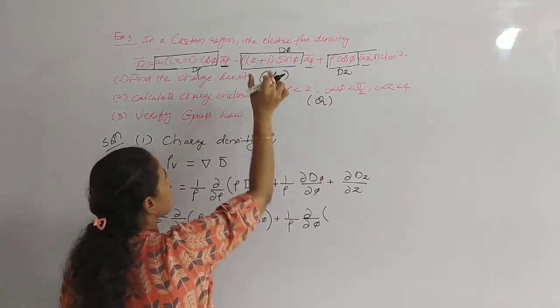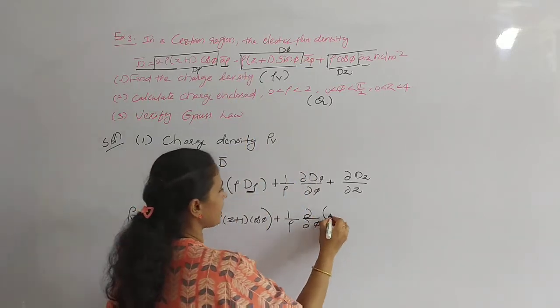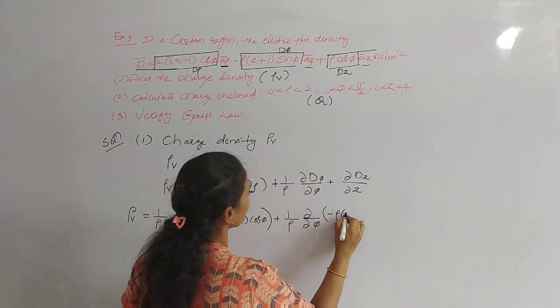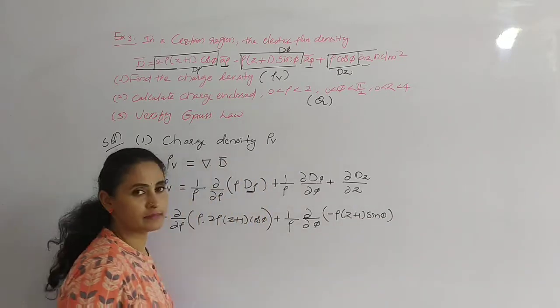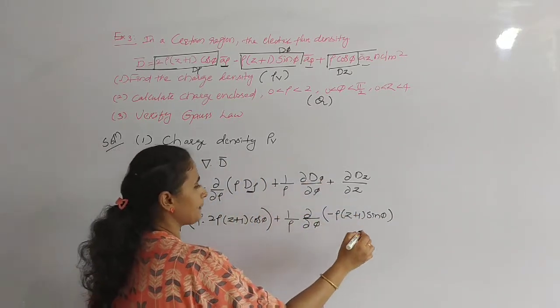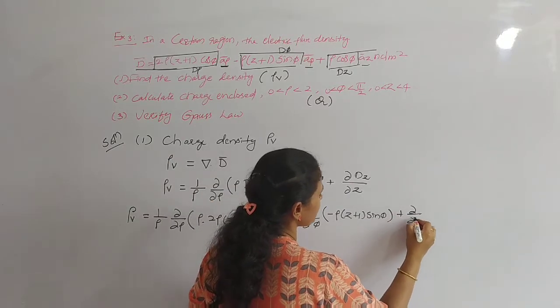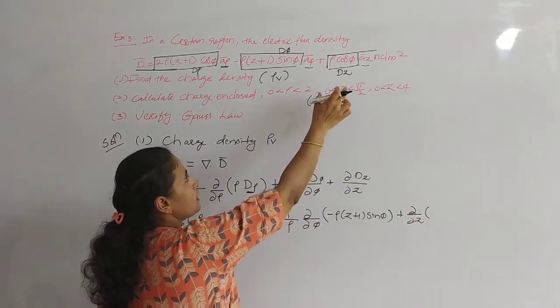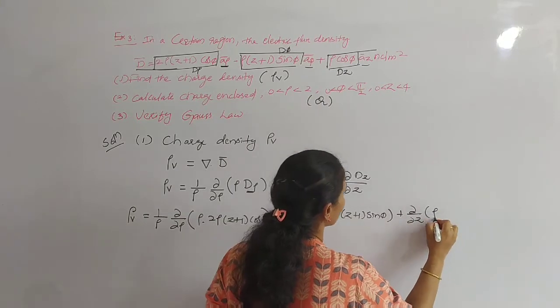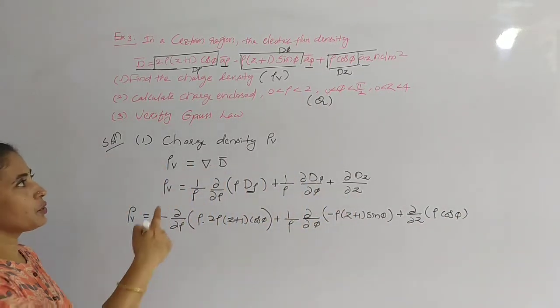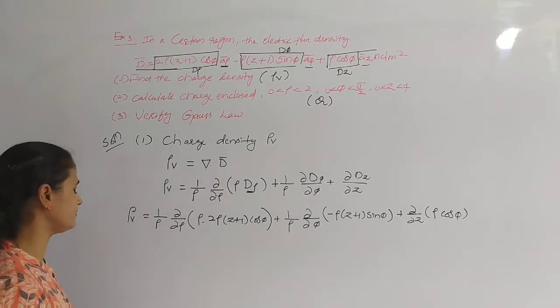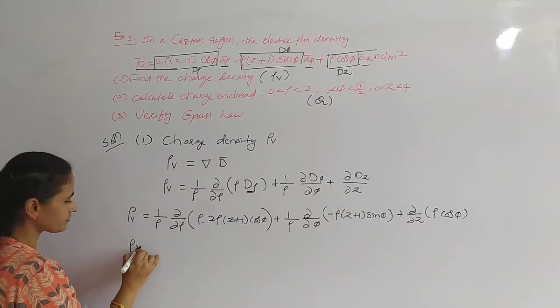What the D phi term is, including the minus: minus rho into z plus 1 sin phi, dou phi. Plus dou by dou z of Dz. What the Dz term is: rho cos phi. Into nanocoulomb per meter square. It is there as it is.